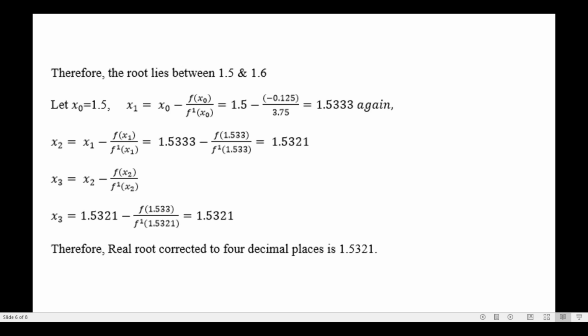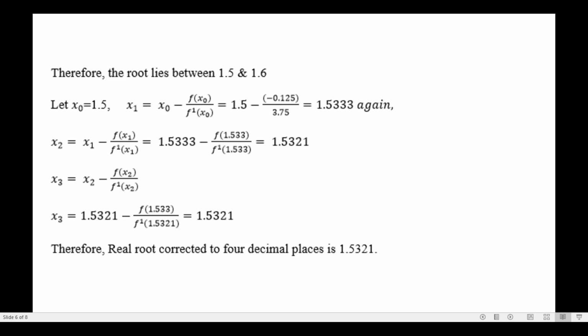Again, x2 is x1 minus f of x1 divided by f dash of x1. So 1.5333 minus f of 1.5333 divided by f dash of 1.5333, that is equal to 1.5321.